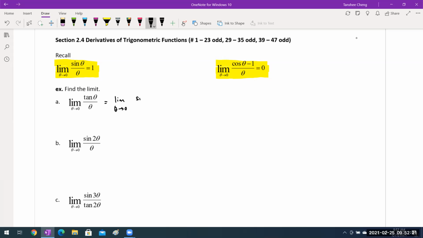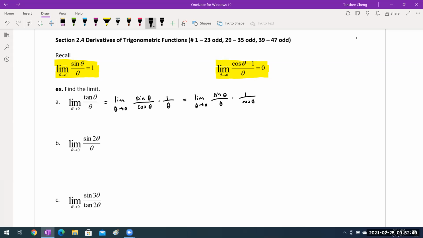So I can rewrite it as sine theta over cosine theta times 1 over theta, because dividing by theta is the same thing as multiplying by 1 over theta. So from here, I can rewrite it into the format that we know: sine theta over theta times 1 over cosine theta.